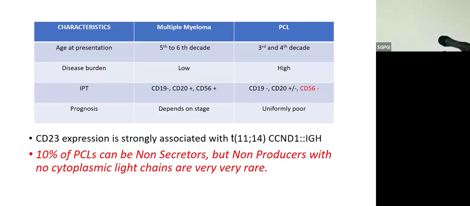Plasma cell leukemia is a disseminated disease, and that is because of loss of CD56. But our case was CD56 positive. That was another abnormality in that case, right? And 10% of PCLs can be non-secretors, but non-producers are very rare. So that was the third case I wanted to show you.